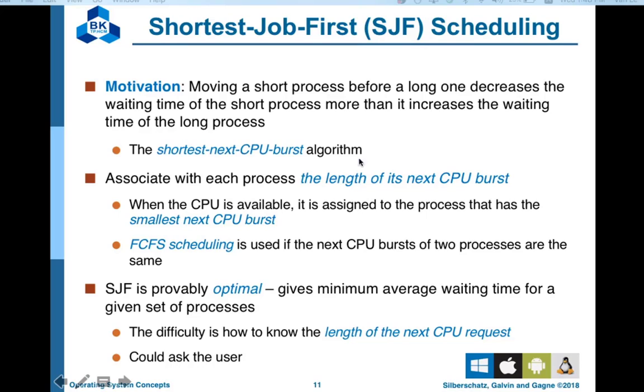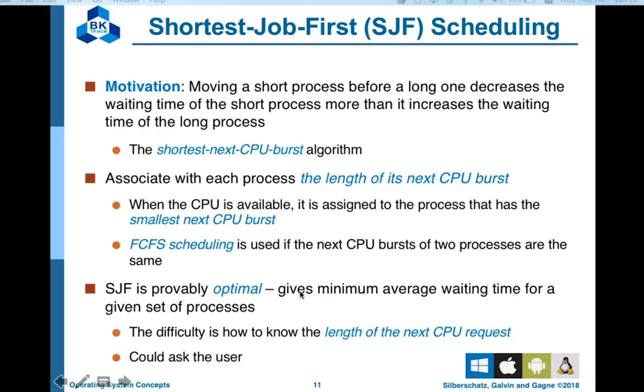So when the CPU is available, the SJF algorithm will assign it to the process that has the smallest next CPU burst. That's why we say SJF is optimal, because it gives the minimum average waiting time for a given set of processes.